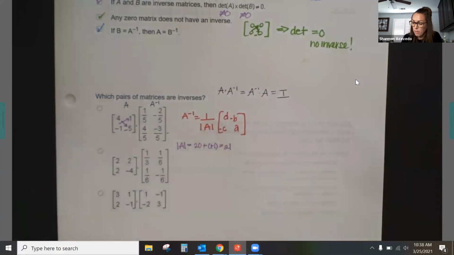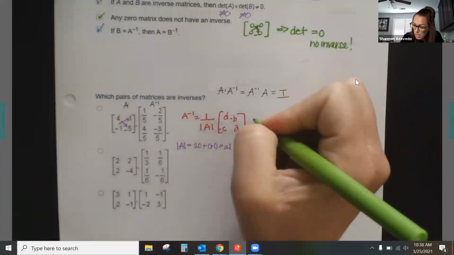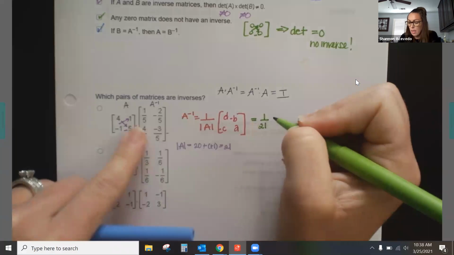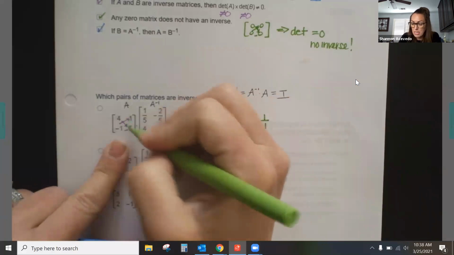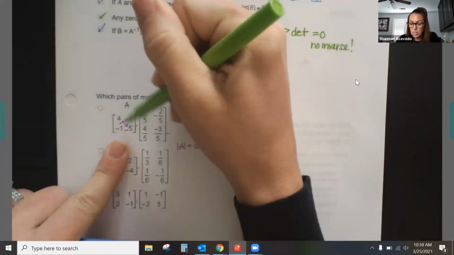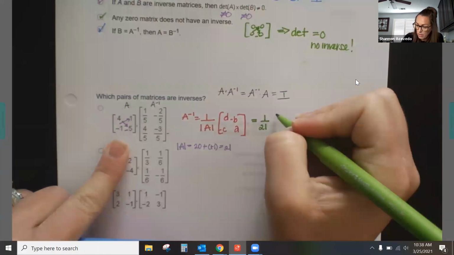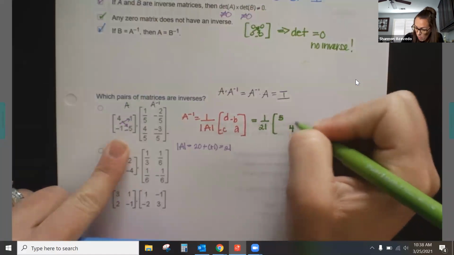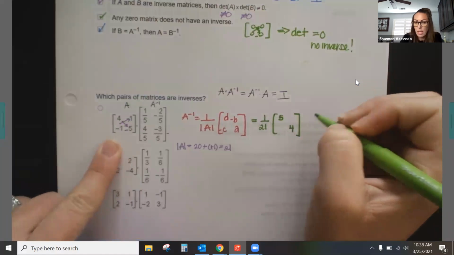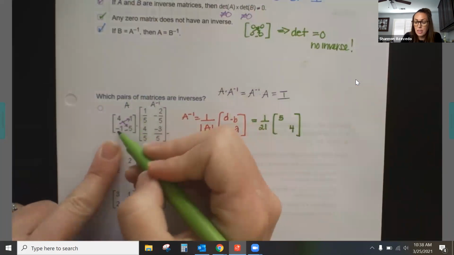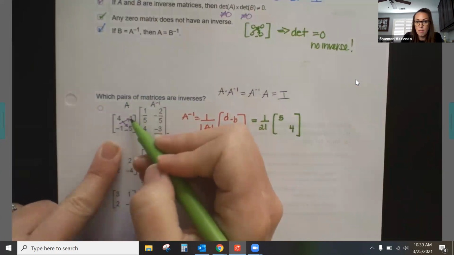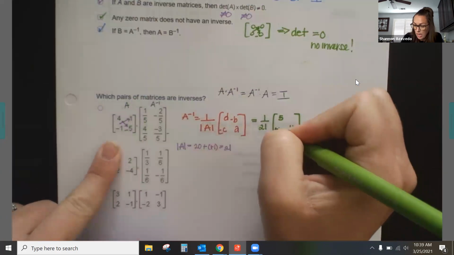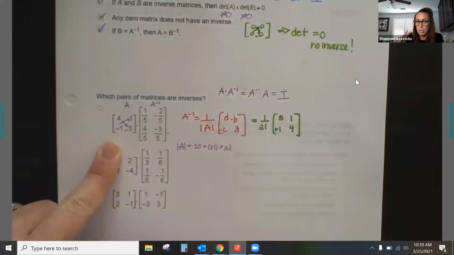That means that if I want to figure out this inverse, it's going to be equal to 1 over 21. My A and my D spots, these two change positions. So my 4 and my 5 switch spots. So this becomes a 5, this becomes a 4. And then my B and my C, I take the opposite sign. So this one will become a -1 and this would become a +1 because I'm switching signs, not because they switch spots.